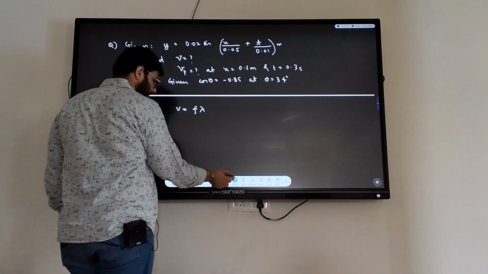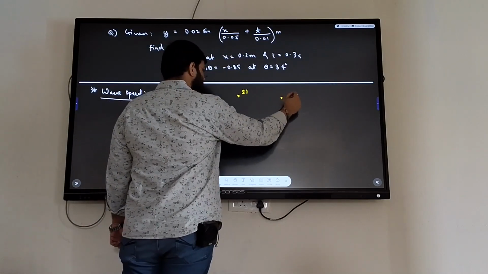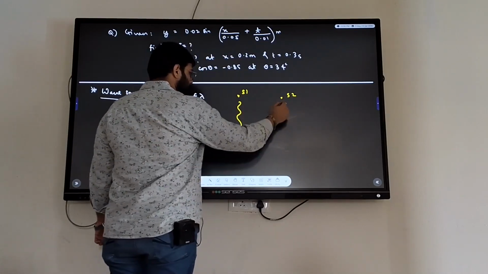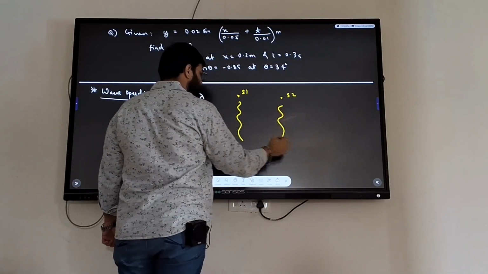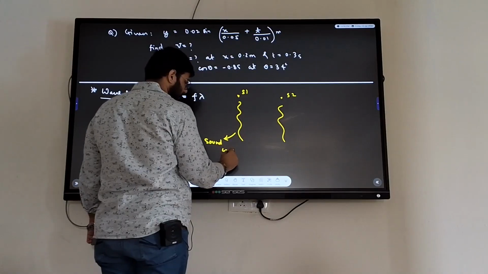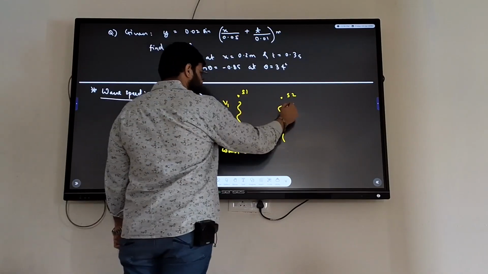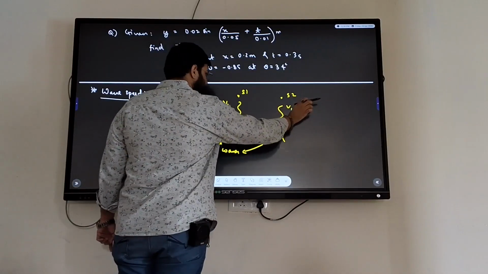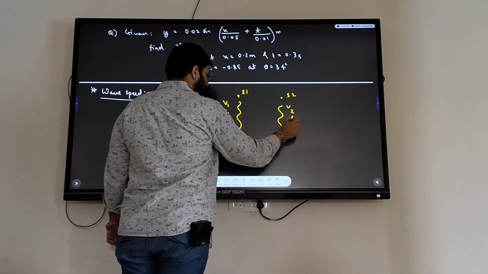So I have a source S1, source S2, यहाँ से waves आ रही है, sound waves. ठीक है चलो. For simplicity, I am talking about sound waves. This is going with velocity v1, this is velocity v2, frequency f1, lambda 1, frequency f2, lambda 2.